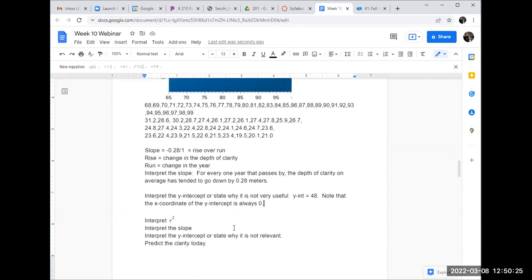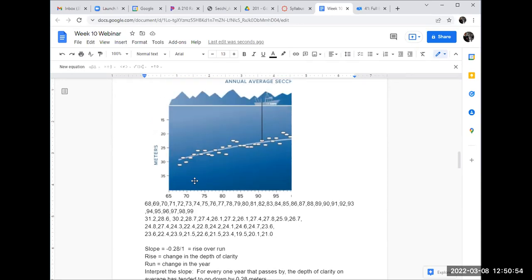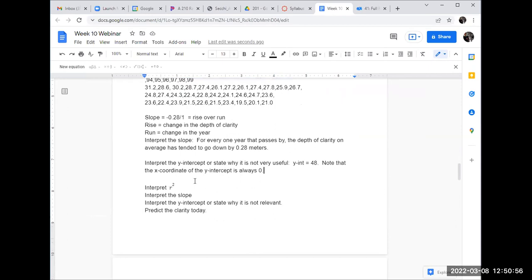Okay, so we really don't want to use this data to predict the year 0 because the data that was taken, remember that this 65 is not really 65. That's 1965. Does that make sense? The year 0 is ridiculous. It doesn't even make any sense.